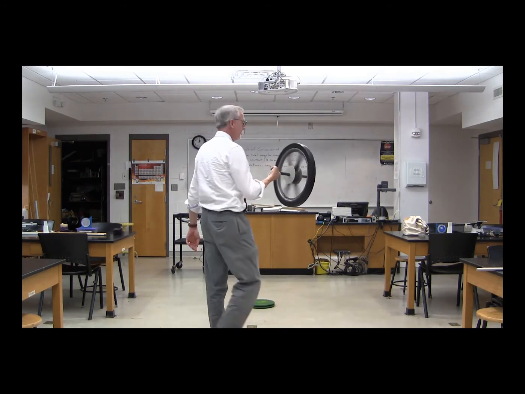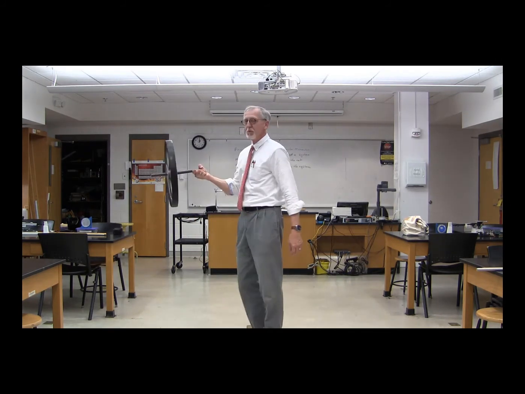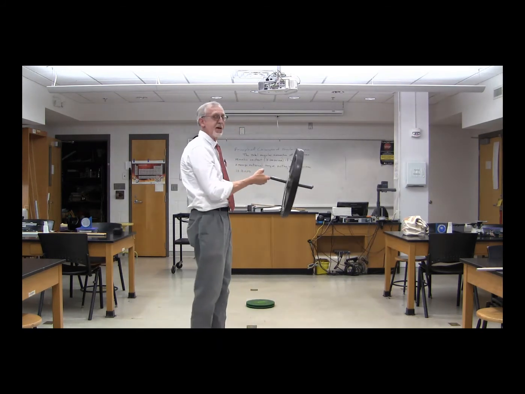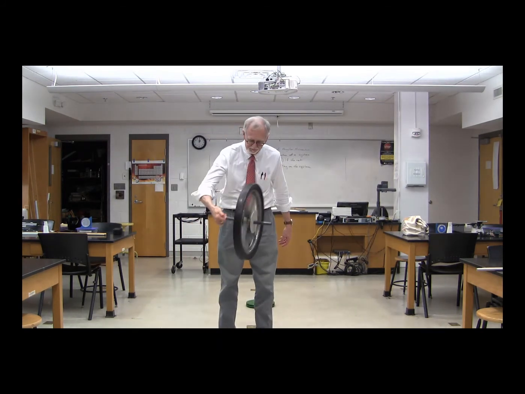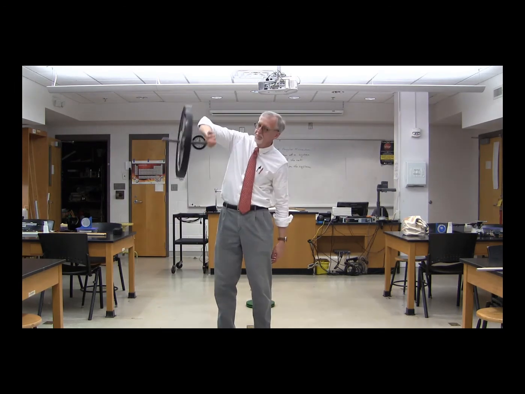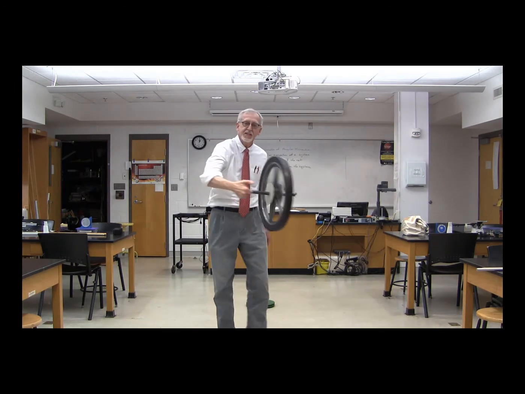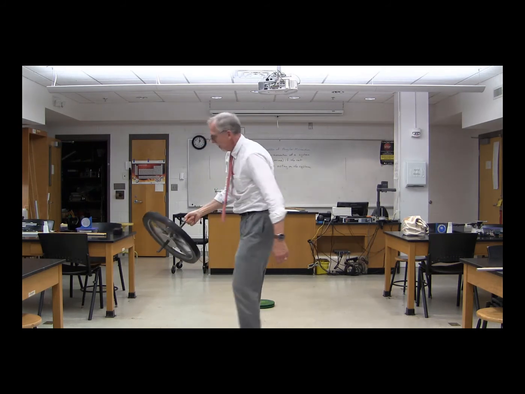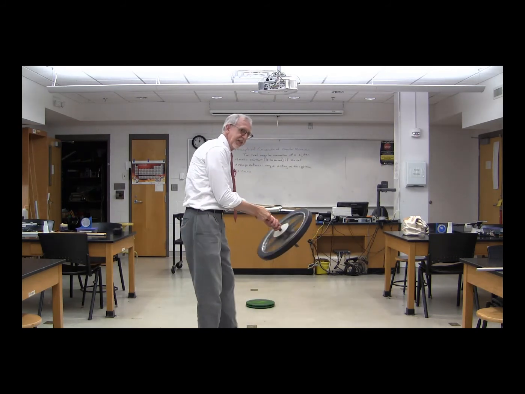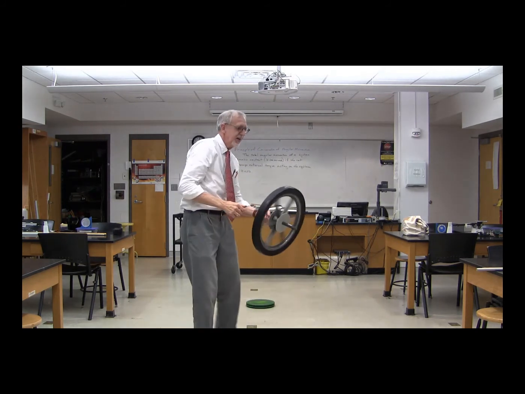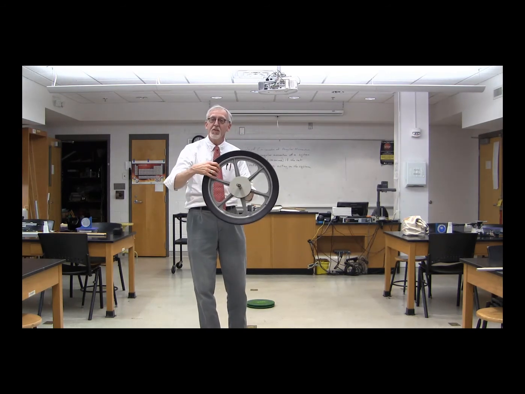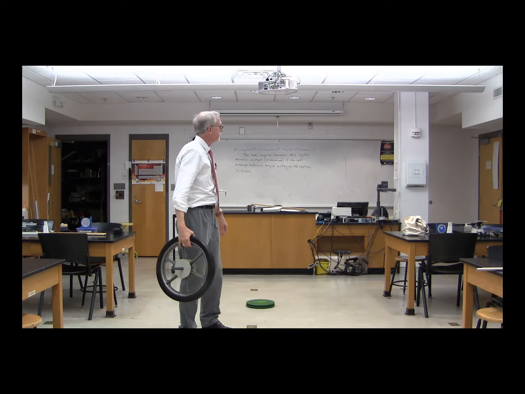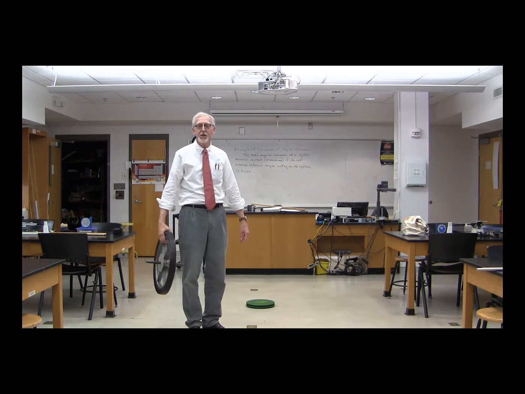So the torque from gravity causes the angular momentum to rotate around. But it doesn't fall off my finger. But now there's enough friction that it's tilting down enough that it's actually about to fall off anyways. Okay, there we go. So there is the principle of conservation of angular momentum. I'll see you next time.